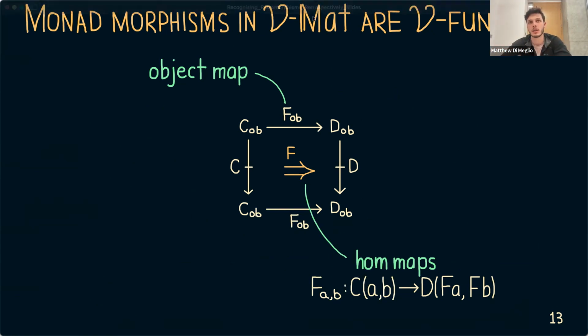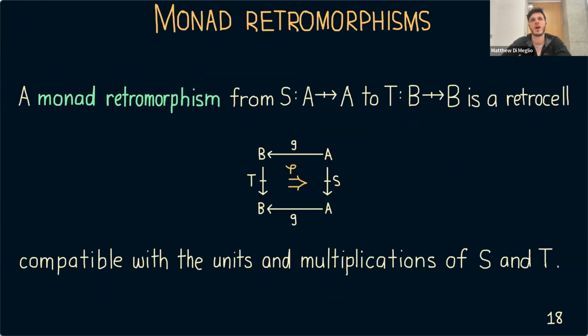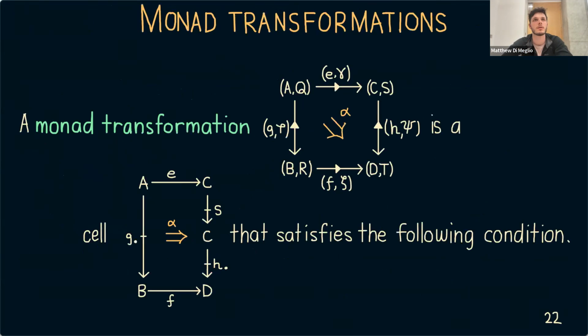And the bimodules in VMat are the V profunctors. And then with these companions, you can turn a monad morphism into a bimodule in a certain way. And similarly, you can turn a monad retromorphism into a bimodule in a certain way. So in the setting of V matrices, this amounts to saying you can turn a V functor into a V profunctor, you can turn a V cofunctor into a V profunctor. So does that answer your question?